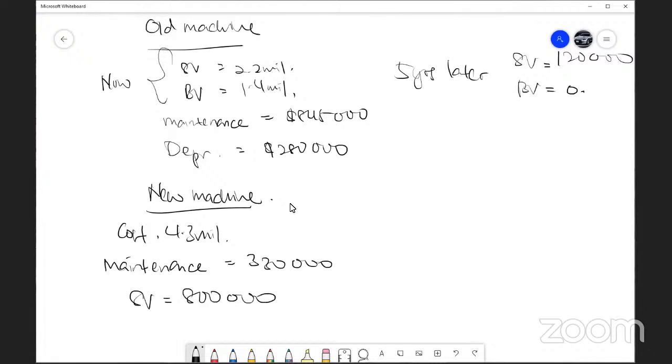It will be fully depreciated by the straight line method. So depreciation you don't know yet. Basically 4.3 million divided by 5 years. So it's 806, hope I'm right.